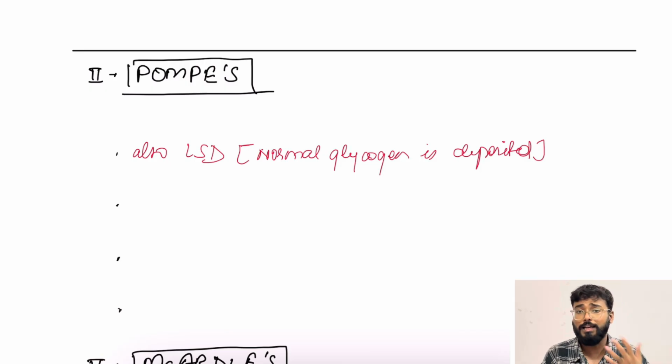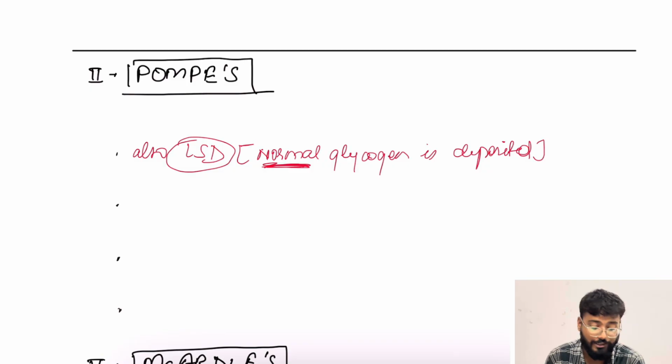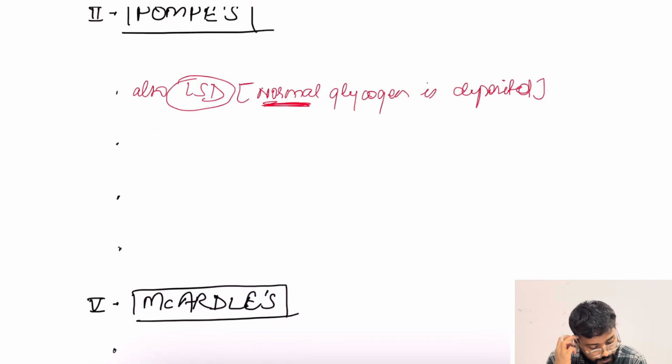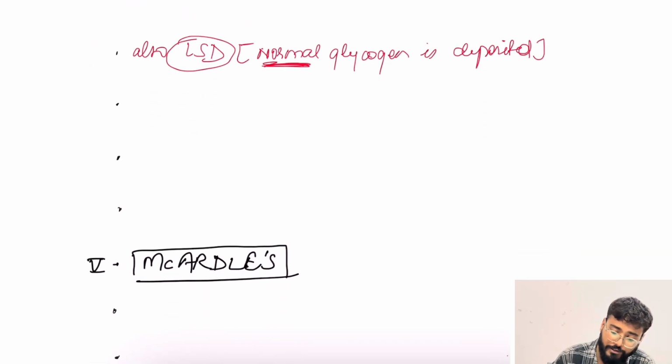So it is a lysosomal storage disorder, and the glycogen that is deposited is of normal form. And what clinical features will you see?